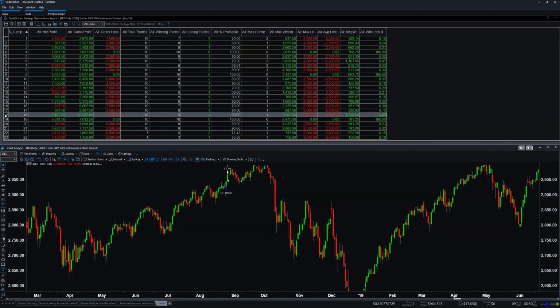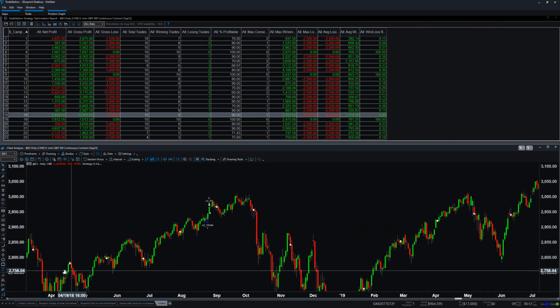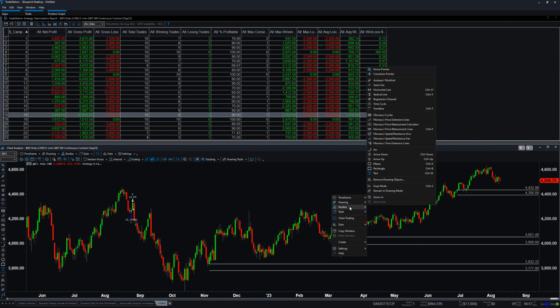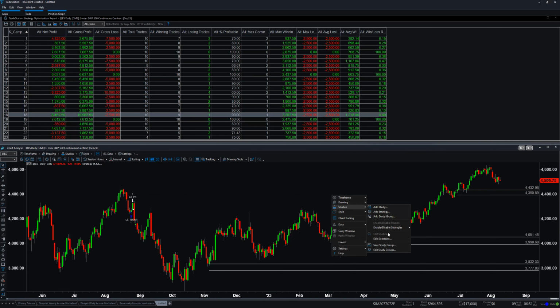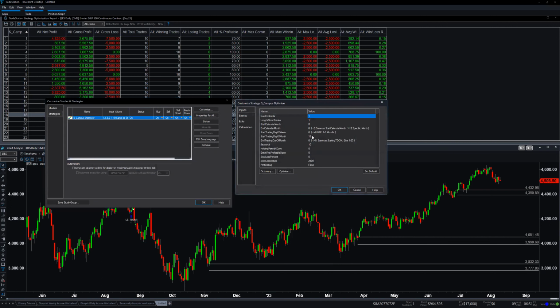So let's say we want to buy on the 18th of August. The question now is, what kind of stop loss should I be using for that specific trade? So then again, you can go in, start trading day of month is now 18.